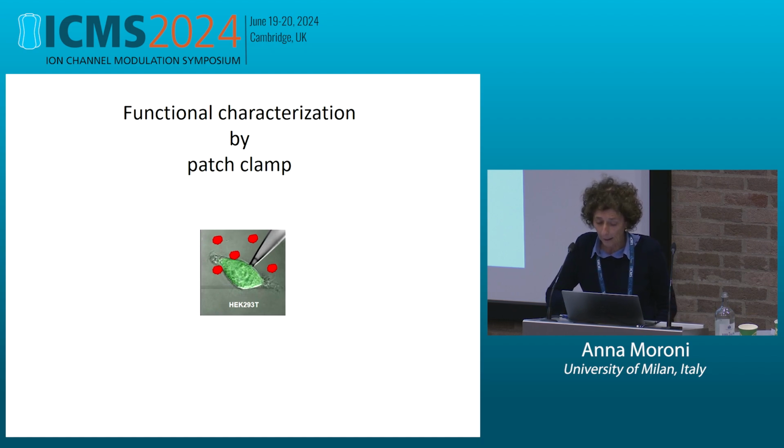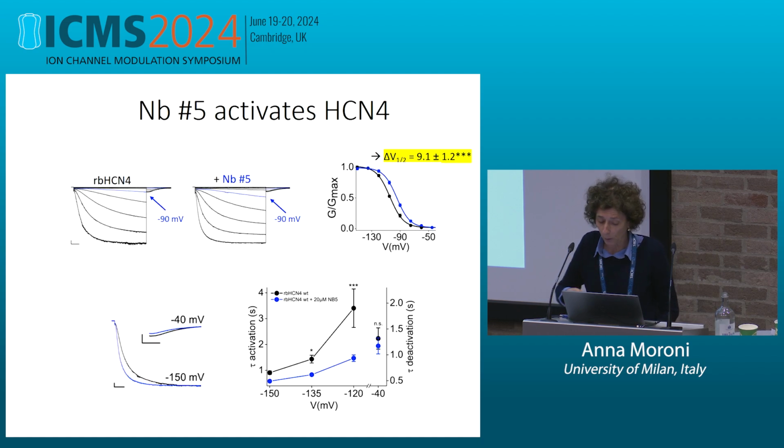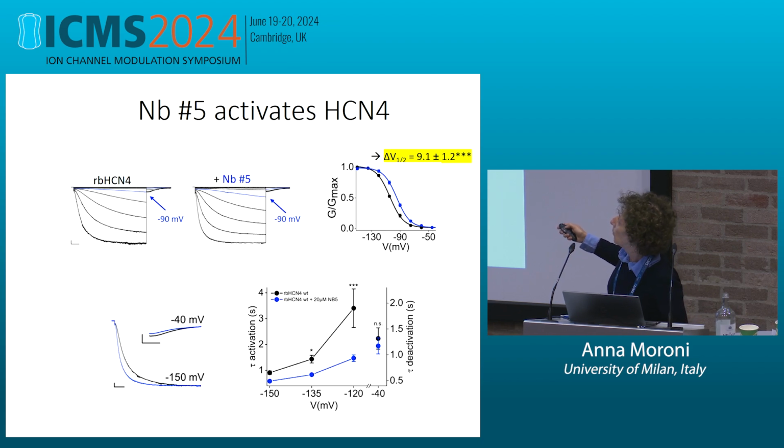And the best was nanobody 5, because nanobody 34 did not show any impact on the current, while nanobody 5, we found, is activating HCN4 current. You can see here that there is an increase of current when we add nanobody 5, but not in the maximal current, which means that this is due to a shift in the activation curve.